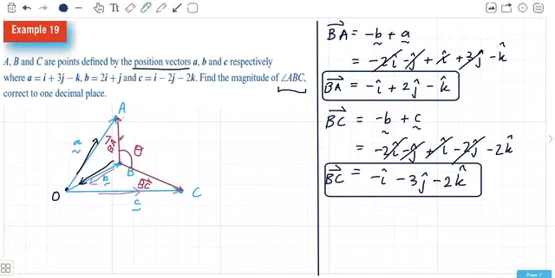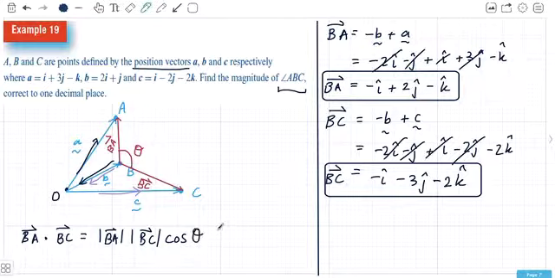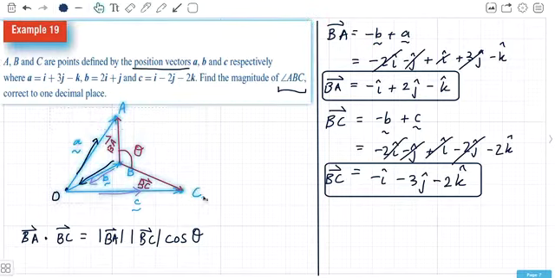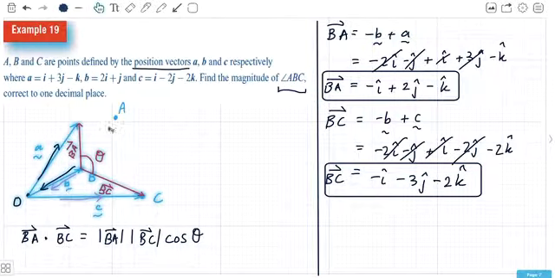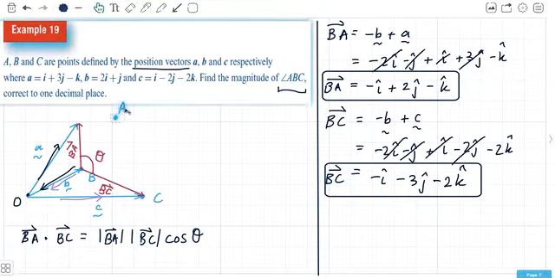In this case, our 2 vectors are BA and BC. So the dot product of BA and BC is equal to the magnitude of the first vector times the magnitude of the second vector, times the cosine of the angle between them. We're now going to be working with the 2 vectors that we've found.